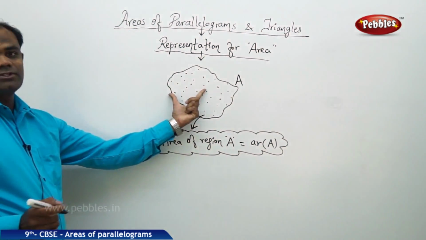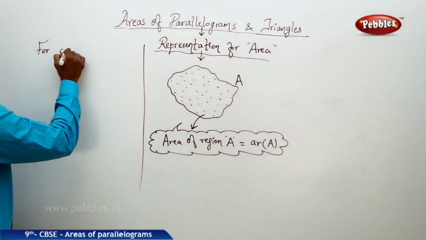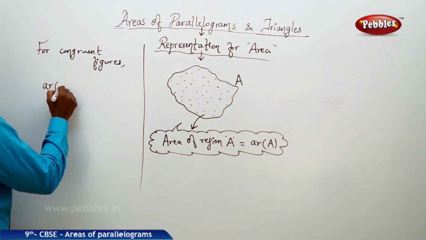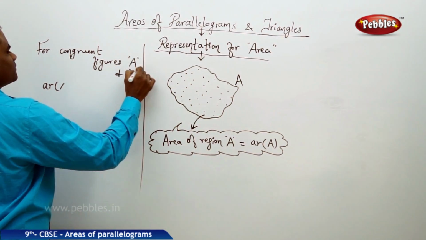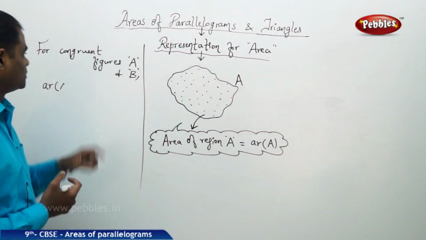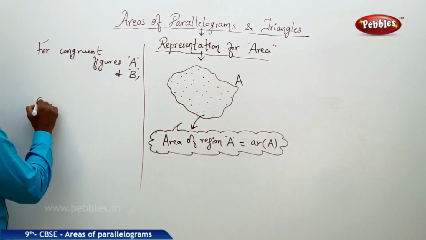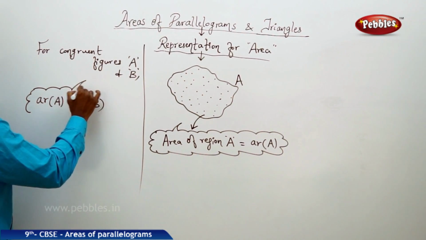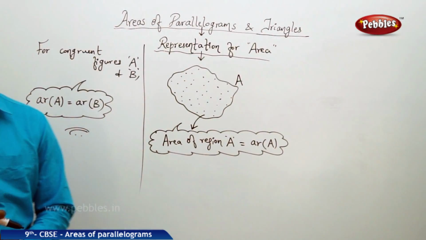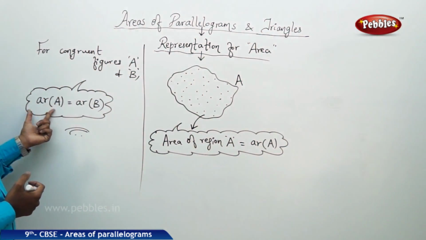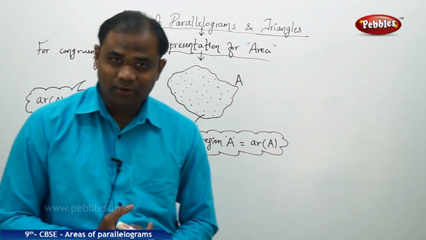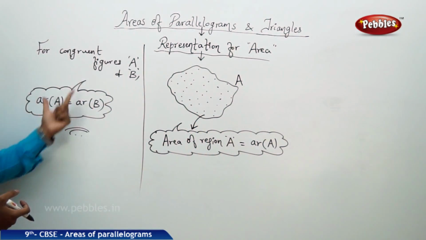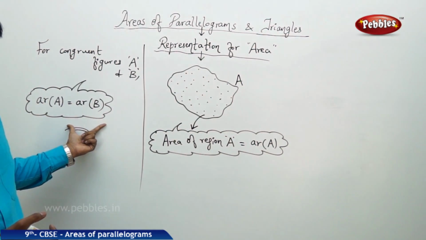As the representation is understood for region A, I have the property which says for congruent figures A and B, say I have two regions A and B which are congruent, AR of A is equal to AR of B. For congruent figures A and B, AR of A equals AR of B, because when two figures are congruent, their areas are equal, their sizes are equal, their shapes are equal, and hence AR of A equals AR of B, the representation of area for congruent figures.